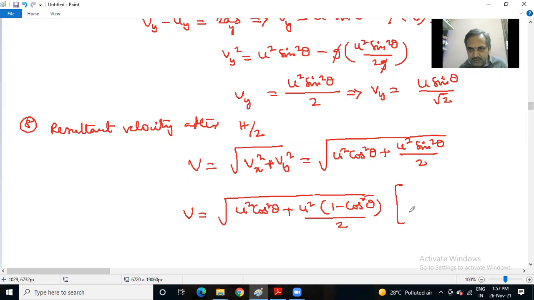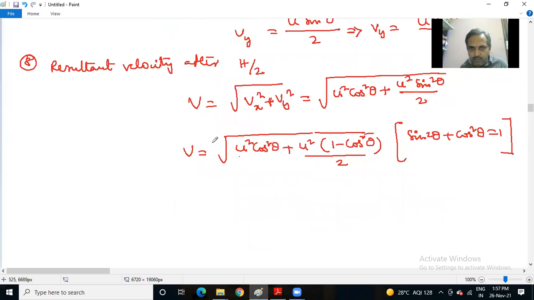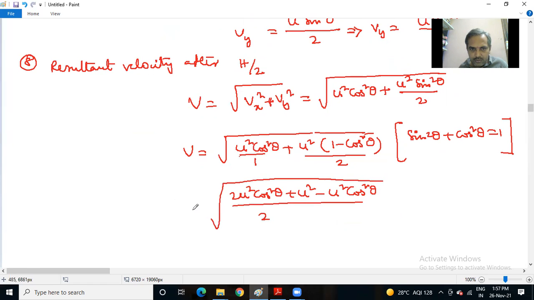The reason is sin square theta plus cos square theta is equal to 1. So 2 will be the LCM. You will get 2 u square cos square theta plus u square minus u square cos square theta, whole divided by 2, under root, is equal to v.